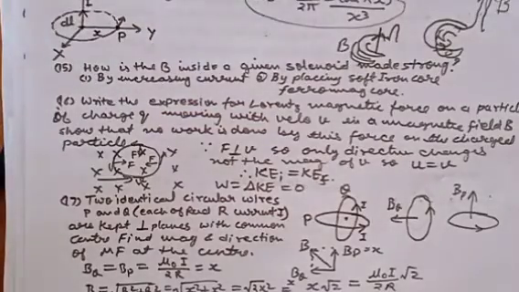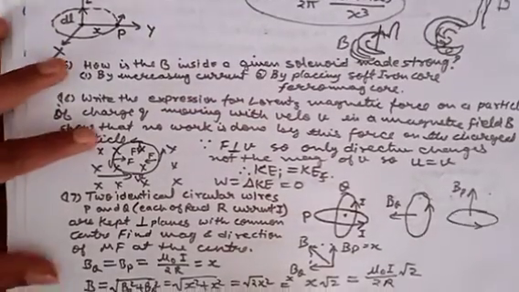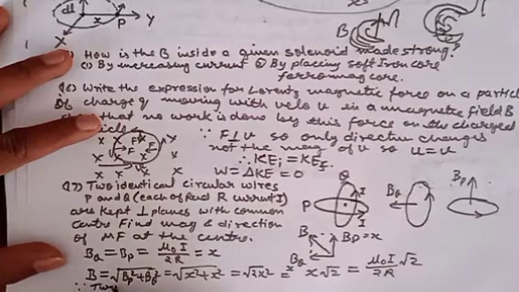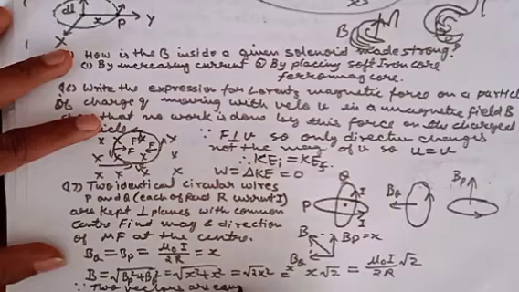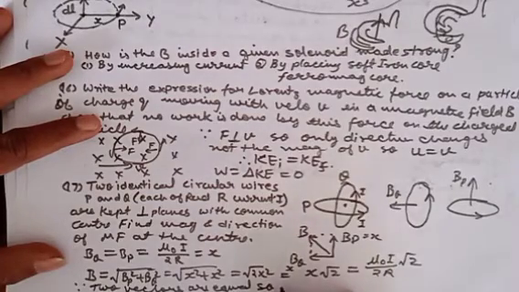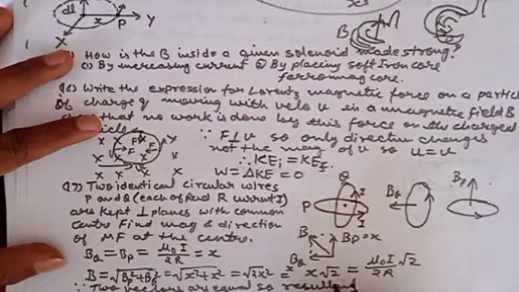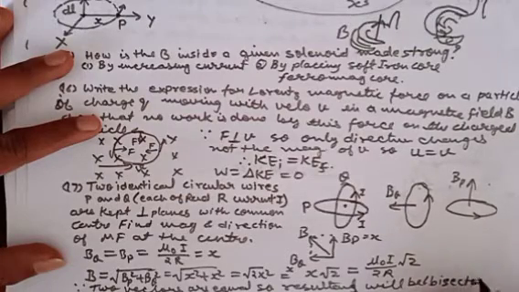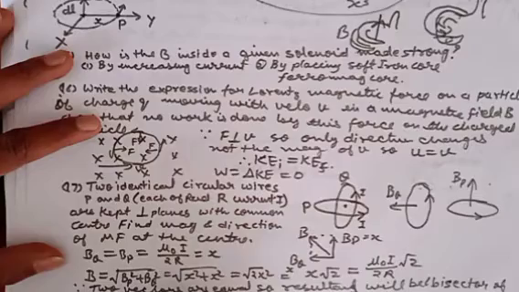And remember, since two vectors are equal, the resultant will be the angle bisector of the angle between them.